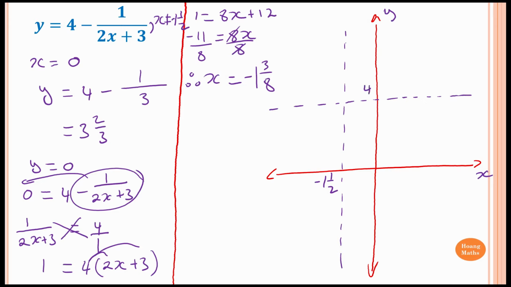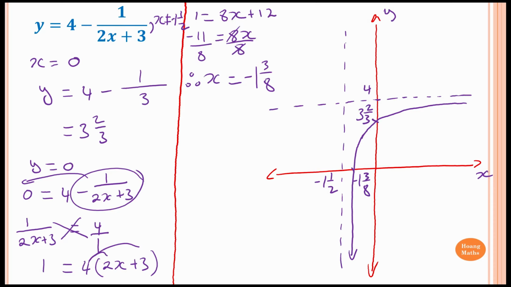So y is equal to 4. So now to sketch this, the x-intercept is negative 1 and 3/8, and the y-intercept is 3 and 2/3. So the graph is something like this. So this is 3 and 2/3 and negative 1 and 3/8.